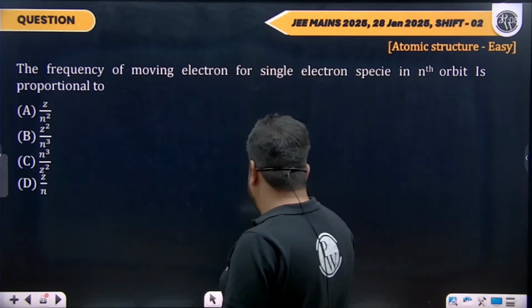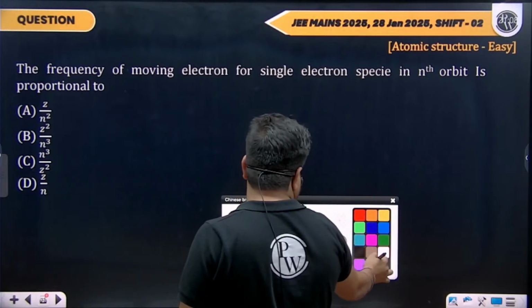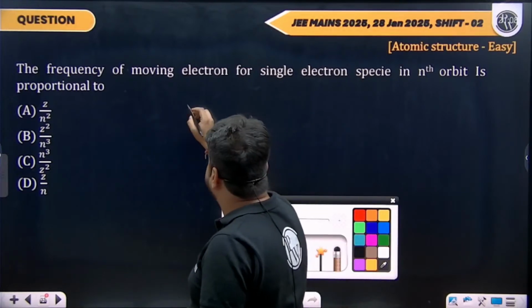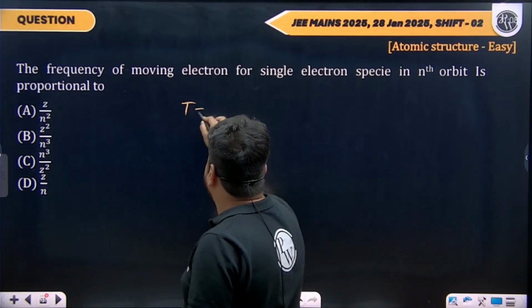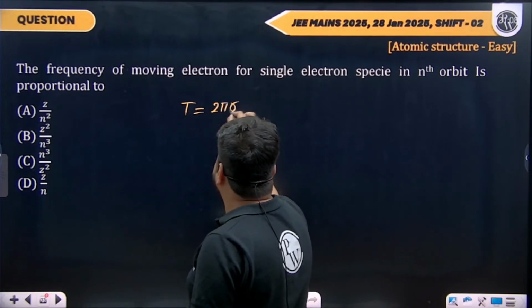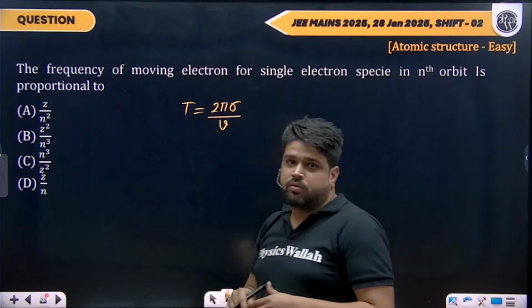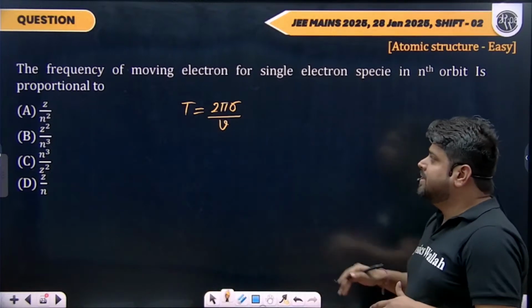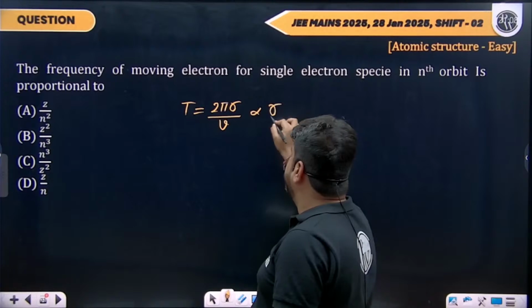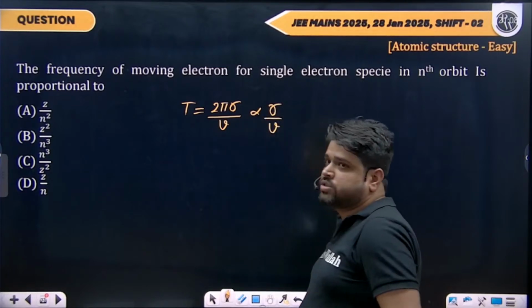From this question, first we have to find the frequency. For this we have to find the time period, and time period equals distance upon velocity. So we get to know time period is directly proportional to radius and inversely proportional to velocity.